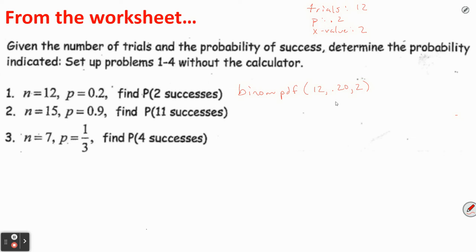You're more than welcome to use your calculator, but you must write out the calculator function on your worksheet to show your work. If you don't include the calculator function, your answer will not be accepted. So if we look at number, and then I hit enter, and I think this is the exact same thing we got earlier when we did it by hand.